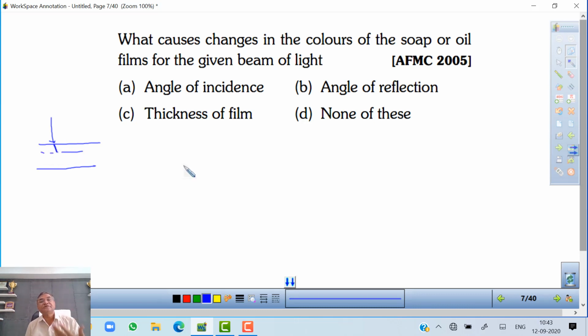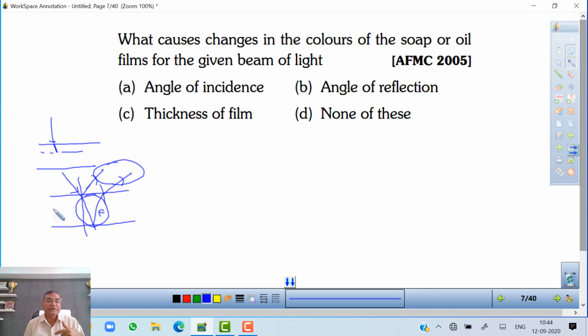If path difference is less, then what is happening, I thought to briefly say: suppose this is my layer, a ray is coming over here, some part is refracted and some is reflected. Again reflection is taking place, again refraction is taking place. And between these two, what will happen? Interference will happen. This ray is coming late, and this one comes immediately. So that much path difference is generated between them.